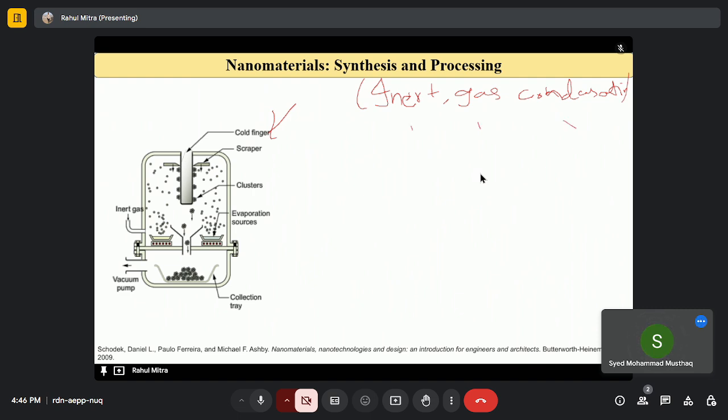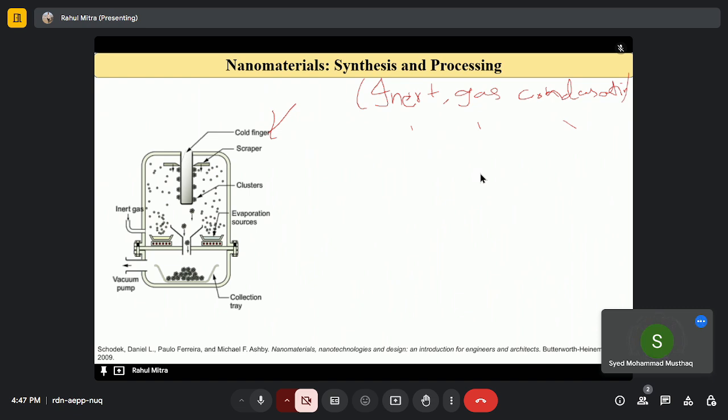Inert means inert atmosphere. The whole atmosphere is very inert. There is no chemical reaction happening in it. The second one is gas, so we are using gas molecules. And the third one is condensation. Condensation is a transformation of the phase from vapor to solid. So we are condensing a medium. Condensing is nothing but making the molecules come much closer.